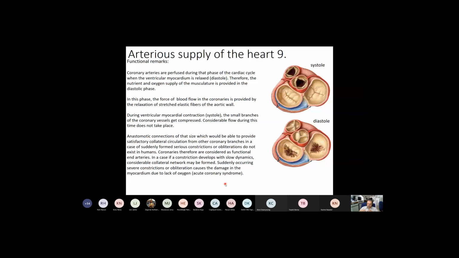In that case, we lose muscle tissue, and rhythm problems may occur, which may be deadly in clinical practice. So you will hear a lot about this in many subjects like heart surgery or cardiology.